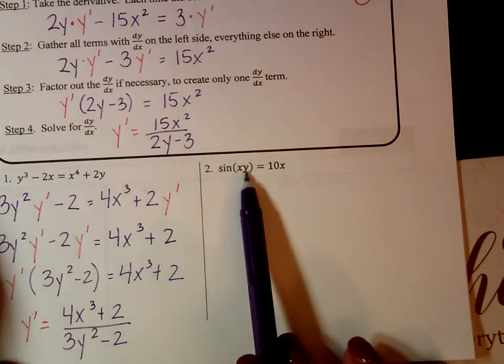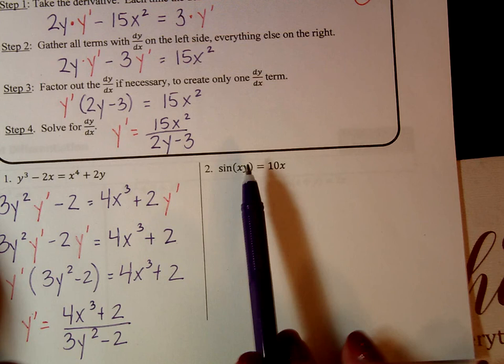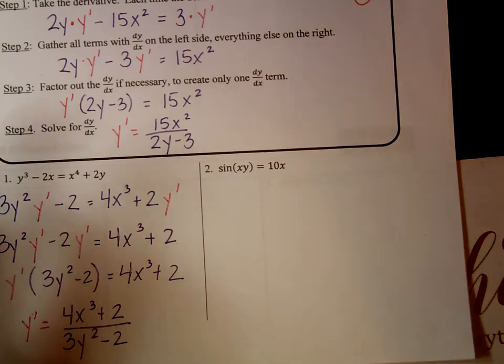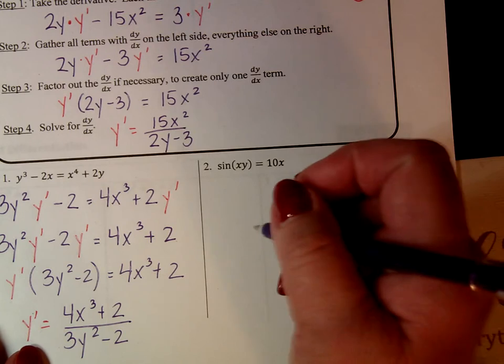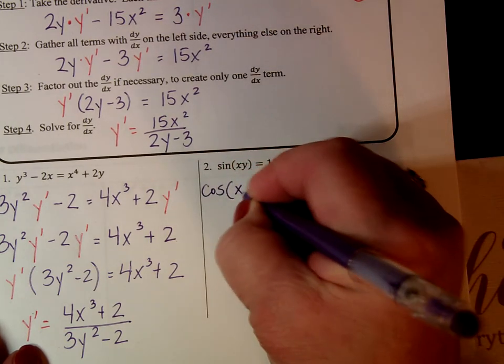Now I'm looking at this, and I know that at some point I'm going to have to take the derivative of that angle, which is xy, and the derivative of that is going to be a product rule. So keep that in the back burner as you're trying to start this thing. So the derivative of sine is cosine. Cosine, you don't change the angle of xy.